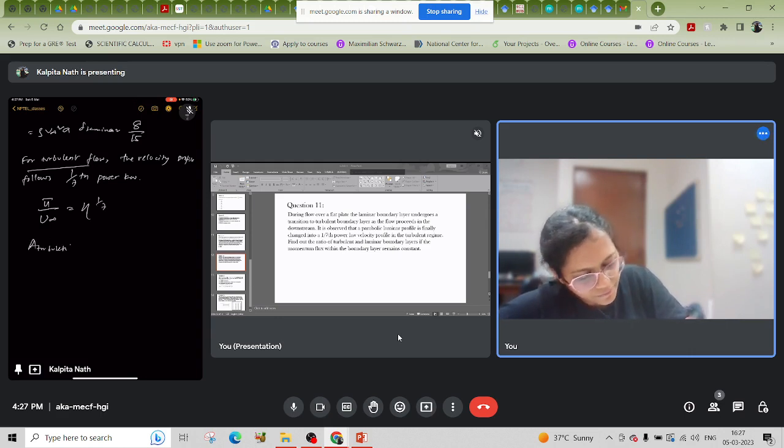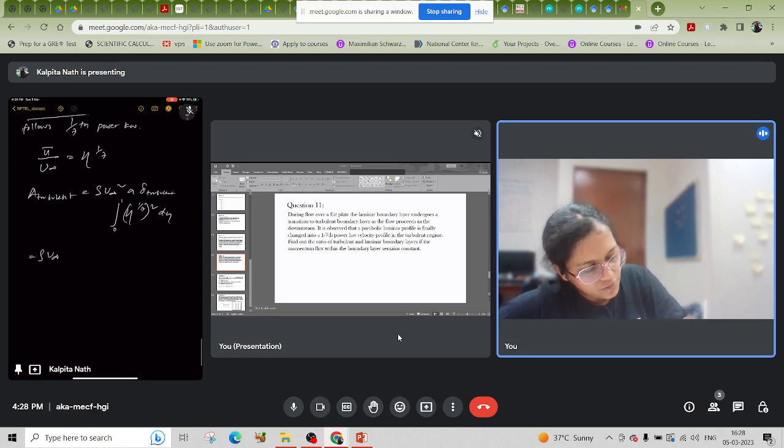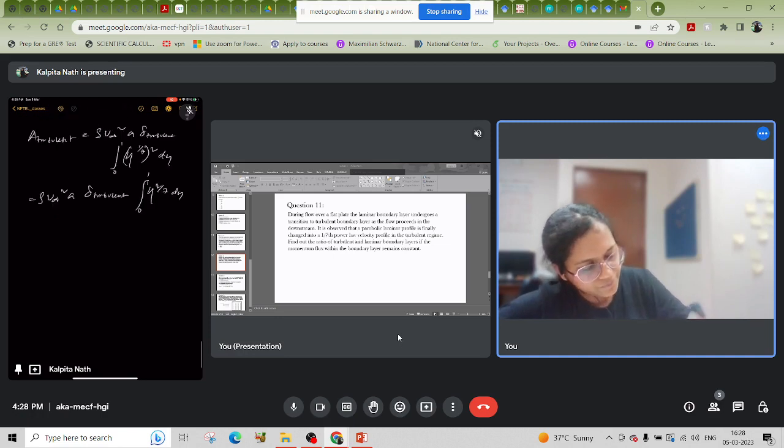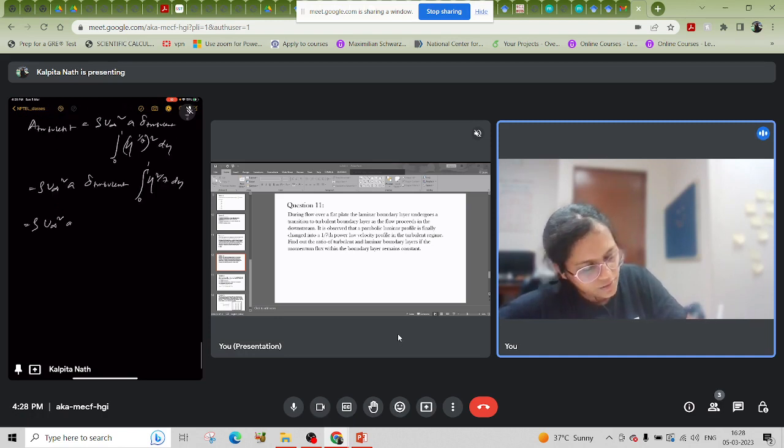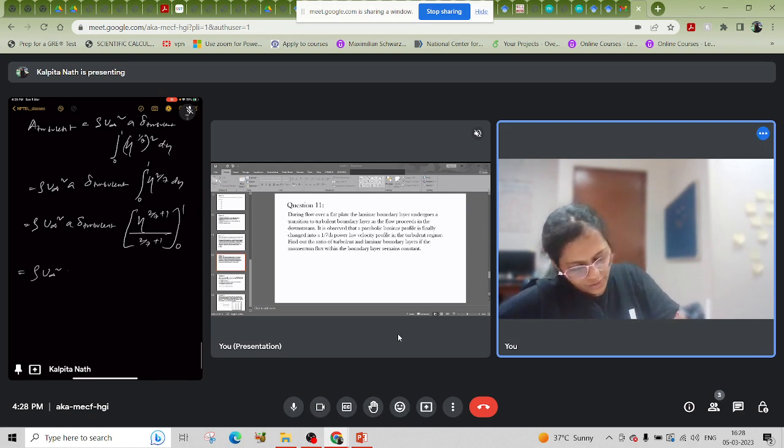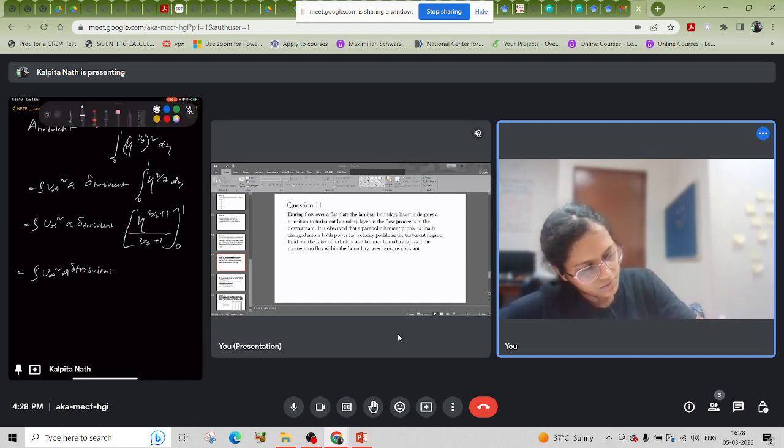So A turbulent is equal to rho u infinity square A delta turbulent, integral 0 to 1 of eta to the power 1 by 7 whole squared d eta. That is rho u infinity square A delta turbulent, integral 0 to 1 eta to the power 2 by 7 d eta, which is eta to the power 2 by 7 plus 1 over 2 by 7 plus 1, from 0 to 1.